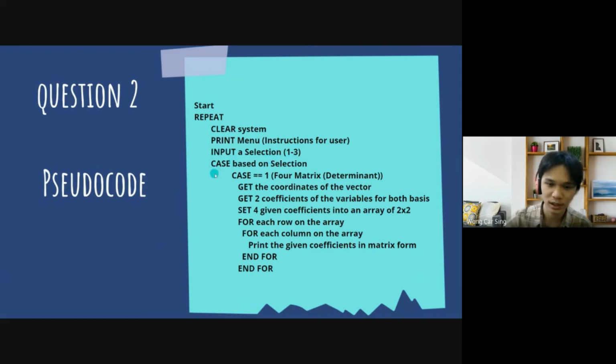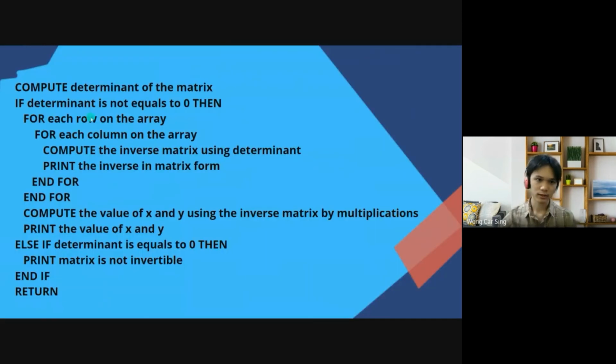If the user picks 1, then a 2 by 2 matrix determinant will be calculated. The algorithm is to get the coordinates of the vector and then get two coefficients of the variables for both bases, and then set the four given coefficients into a 2 by 2 array. And then in a nested for loop, print the given coefficients in matrix form, and then compute the determinant of the matrix.